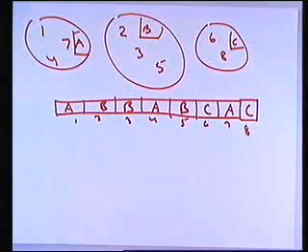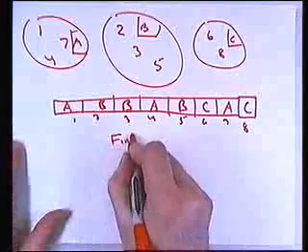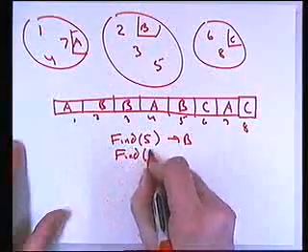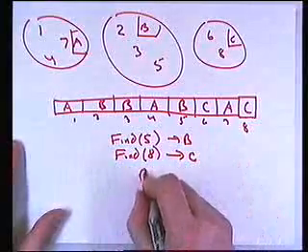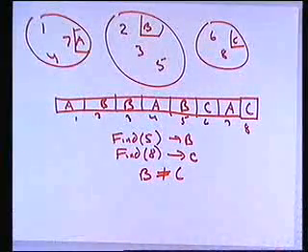So that would be how, if we're going to try and optimize find, we might deal with implementing this disjoint set structure. Because what we're saying now is that's all it is, an array of characters. Now if I wanted to determine whether 5 and 8 are related, I do a find on 5, and that returns B, and do a find on 8, and that returns C, and since B is not equal to C, therefore 5 and 8 are not related.